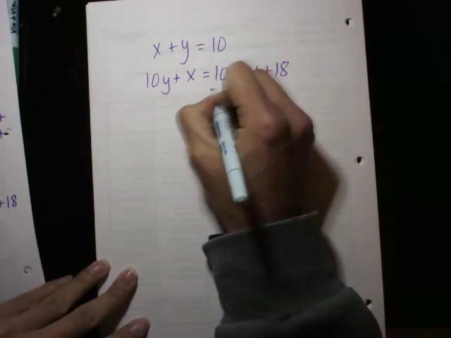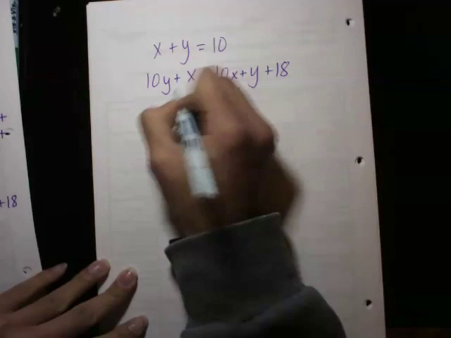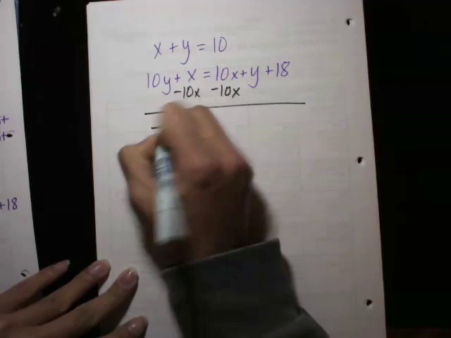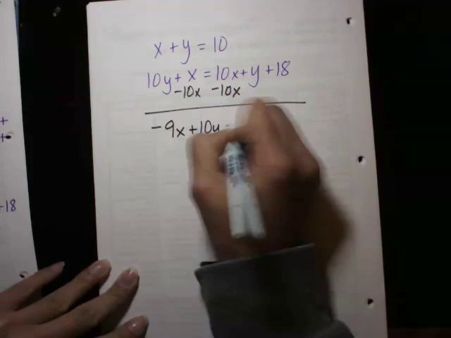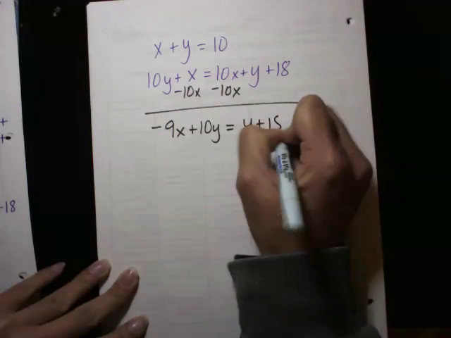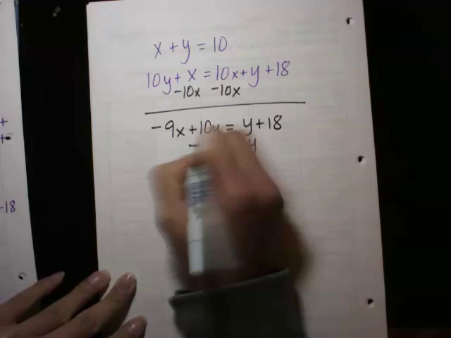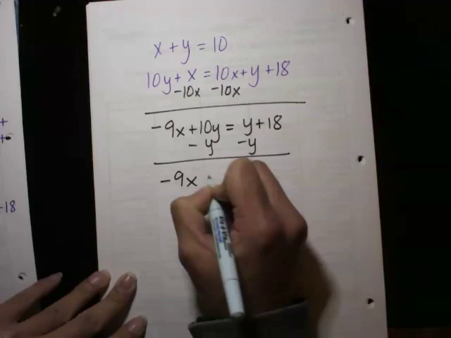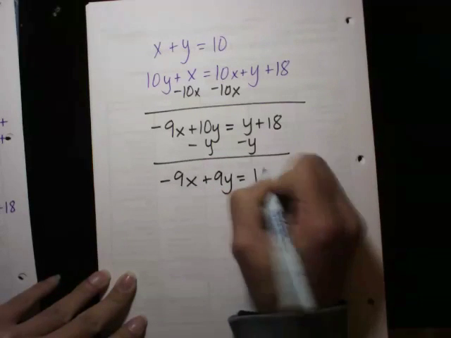I'm going to subtract 10x from the right, and I'm going to subtract 10x from the left. That will leave me with negative 9x plus 10y equal to y plus 18. Now I'm going to move over the y's. Subtract y, I will have negative 9x plus 9y equal to 18.